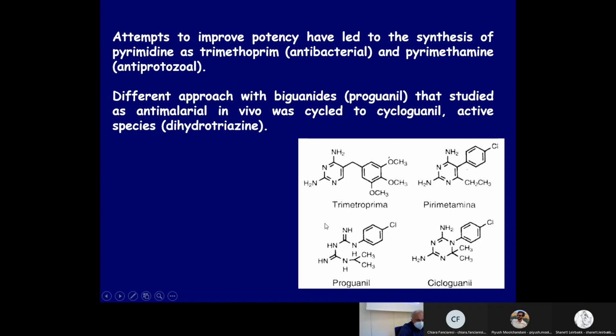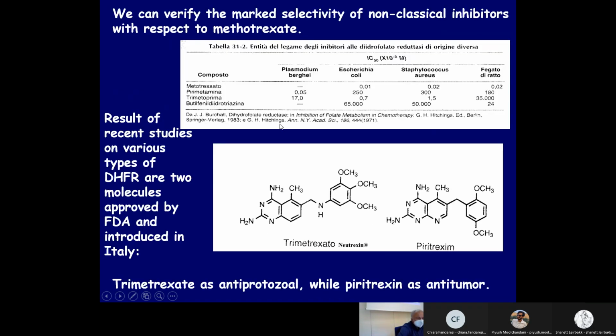Okay, here the description of the four compounds. This table is very interesting. It is in Italian, but it is easy to understand. We have four different microorganisms: Plasmodium berghei, you know, malaria; Escherichia coli, the bacteria; Staphylococcus aureus is another bacteria. And then we have cells of rat liver.